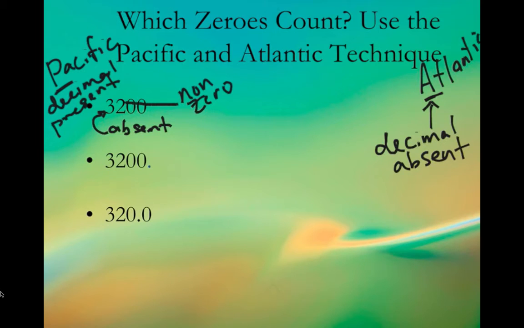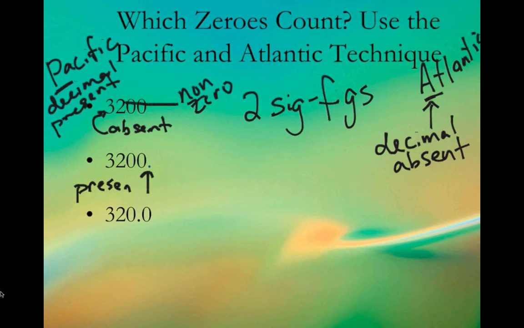And there's a 3 and a 2, so this number has only 2 digits that are truly significant. So we call that 2 sig figs. But in the next example, we have a decimal. Since the decimal is present, this time we have to fly in from the Pacific side until we hit a non-zero digit, which happens right away. I cannot cross anything out. So I count all of these digits as significant. That measurement has 4 sig figs.